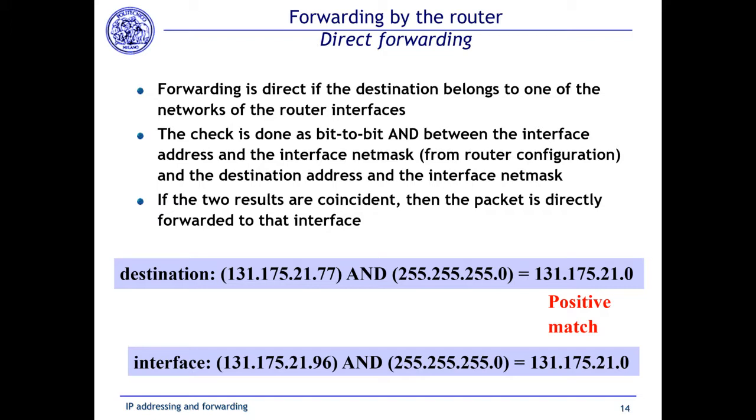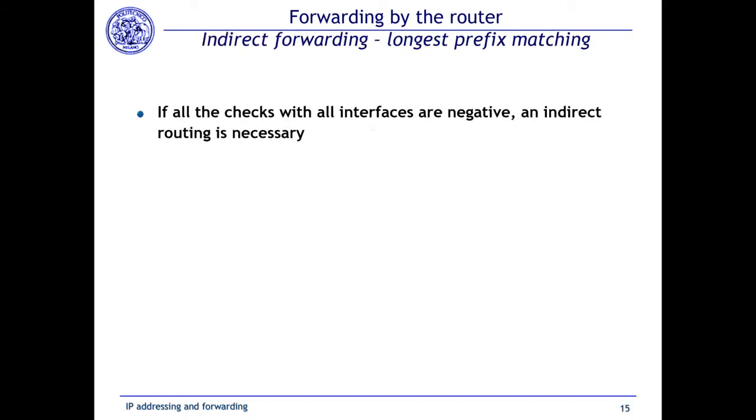Okay. So that means that the packet is directed to a host that is directly connected to that interface. So the packet must be sent out to the interface. Okay, so remember that the net mask is always associated to the interface, not the received packet.